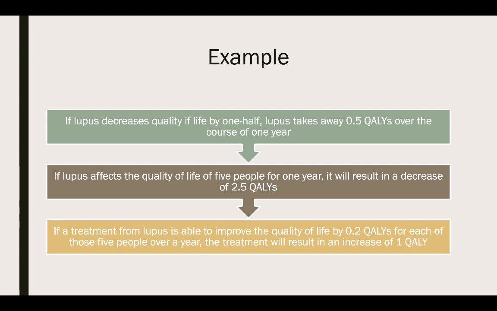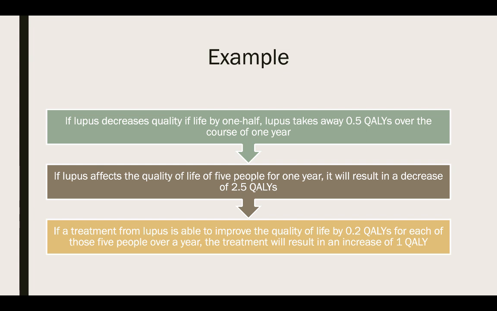So remember, I'm losing 0.5 quality adjusted life years. I'm losing one half of 1 year of good health, and my treatment adds 1/5 of 1 year of good health to me over the course of 1 year.